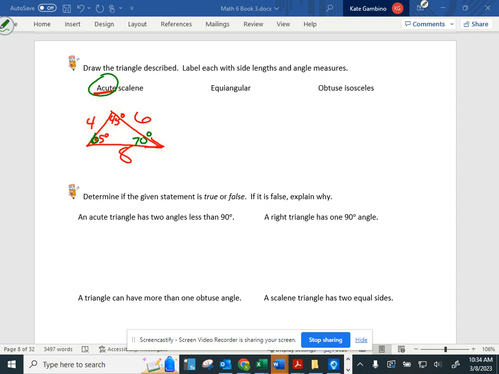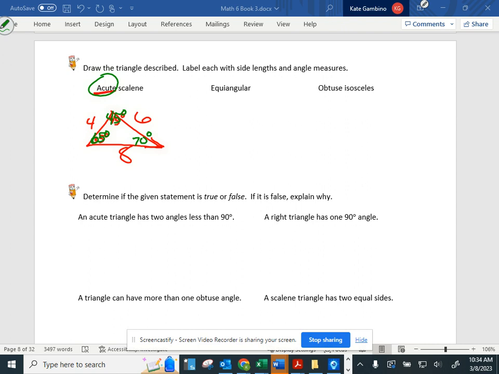So that would work. So I could use 45 degrees, 65 degrees, and 70 degrees because if I add all three of them up, they equal 180 degrees. I couldn't use my first set because it turned one of my acute angles into an obtuse, and it's not an obtuse triangle.